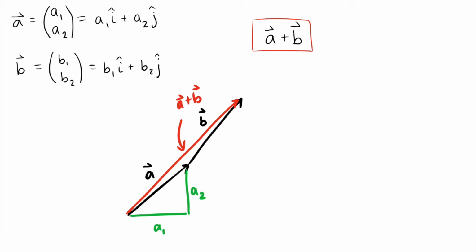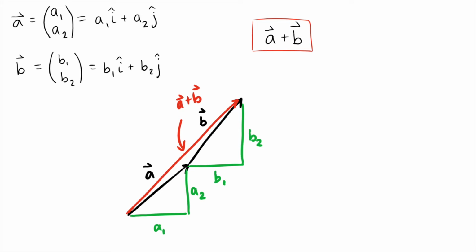And similarly, vector B is based on a horizontal component of B1 and a vertical component of B2. So you can see how each of those vectors are built based on a horizontal piece and a vertical piece. And so figuring out how to do addition algebraically is just as simple now as looking at that resultant vector and saying, well, what's its overall horizontal component and its overall vertical component?